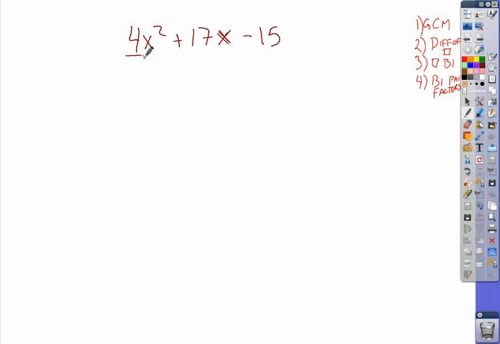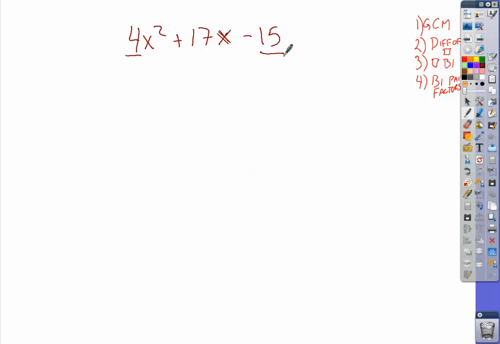Luckily, it's a low square number, so it only has one extra factor of 2. And we have 15, which is definitely not prime, because it has factors of 1, 3, 5, and 15. So this is going to increase the options that we have to look at.